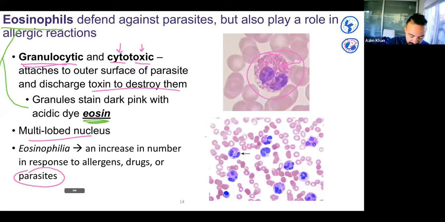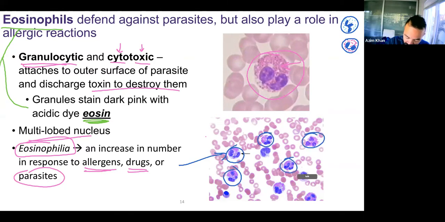It could be a sign that you're having an allergic reaction, or in some cases, some drugs elevate the levels of eosinophils in your body. That's termed eosinophilia. I should have mentioned them previously with neutrophils. If you have an elevated level of neutrophils, that's a sign of bacterial infection because you need more of them to fight off bacteria. So pictured here on the right is more eosinophils than normal.